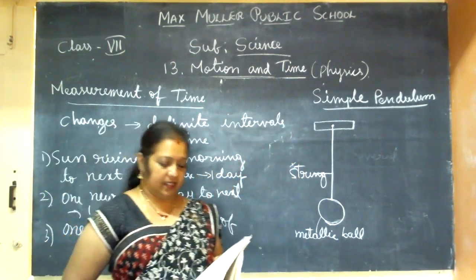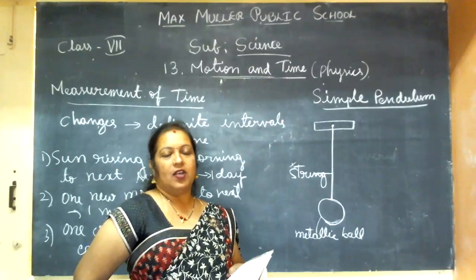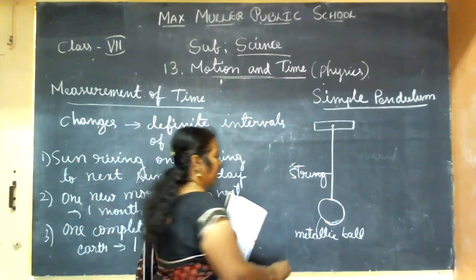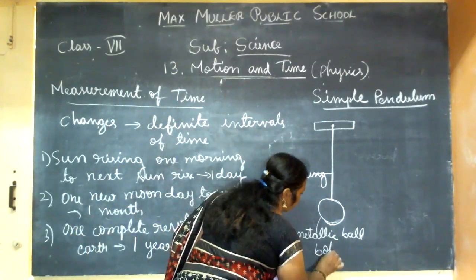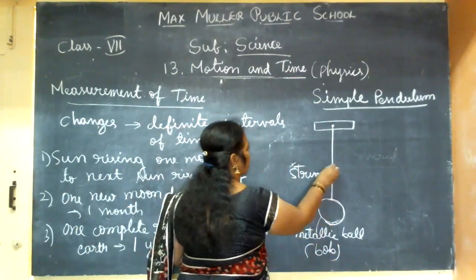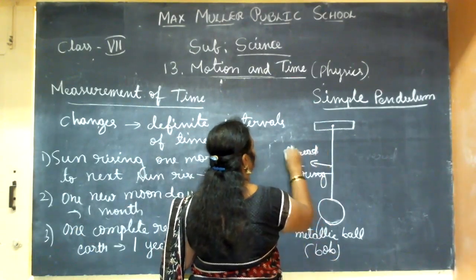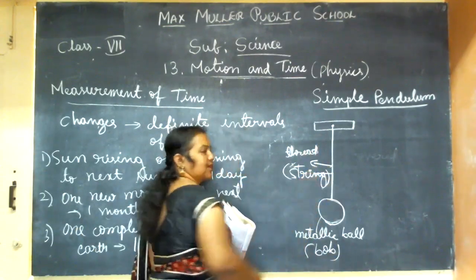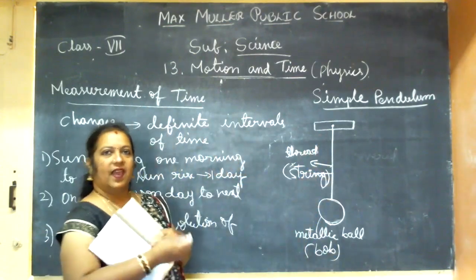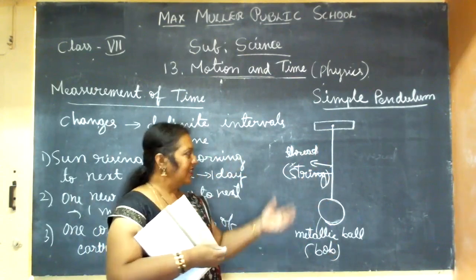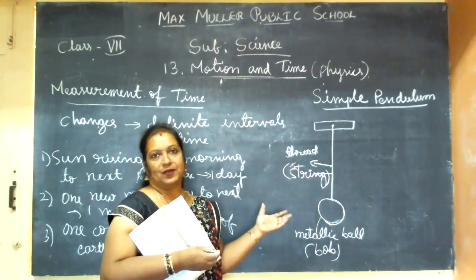With a rigid string, the metallic ball is called a bob. This thread part they are calling a string. They have given different names, so these are the parts of a simple pendulum.